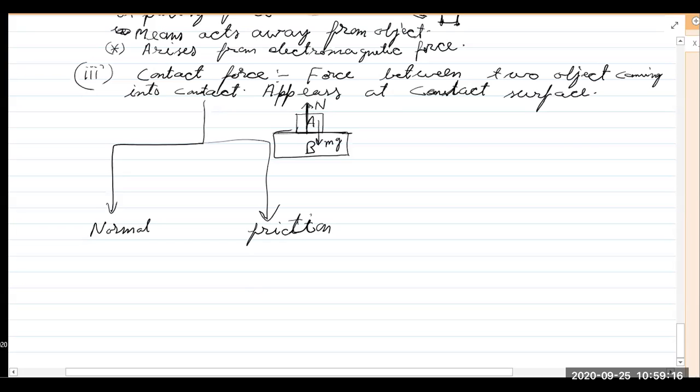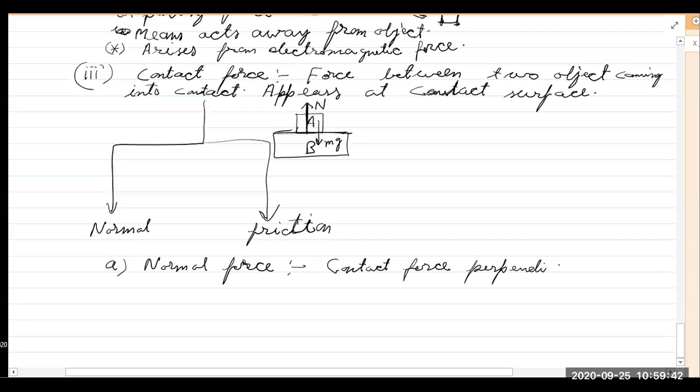This contact force, which is perpendicular to the surface, is balancing the mg. That is called normal. So normal force is the contact force perpendicular to the contact surface.